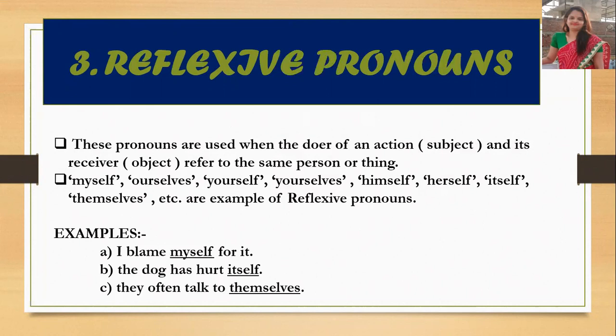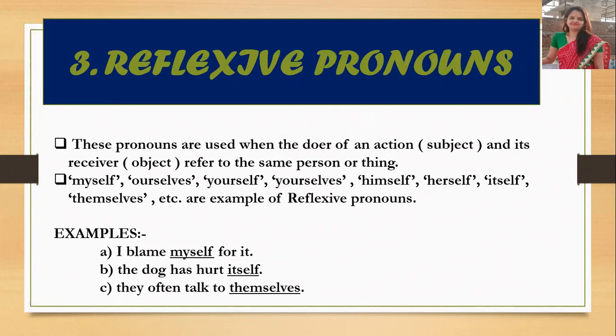In a very short sentence you may say that when the doer of an action and its receiver refer to the same person or thing, means the subject or object refers to the same person, means I, myself, they, themselves. Got it?